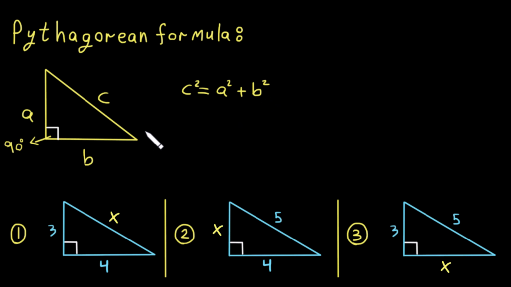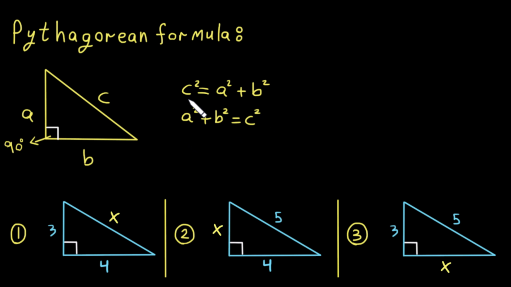Or of course you can write it as this square plus this square equal this square, the longest side, which is the opposite of the 90 degrees angle. So you can write it as a square plus b square equal c square.